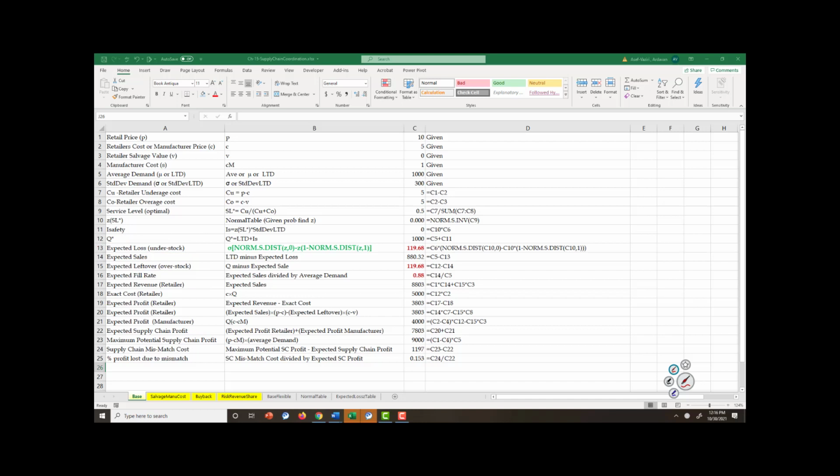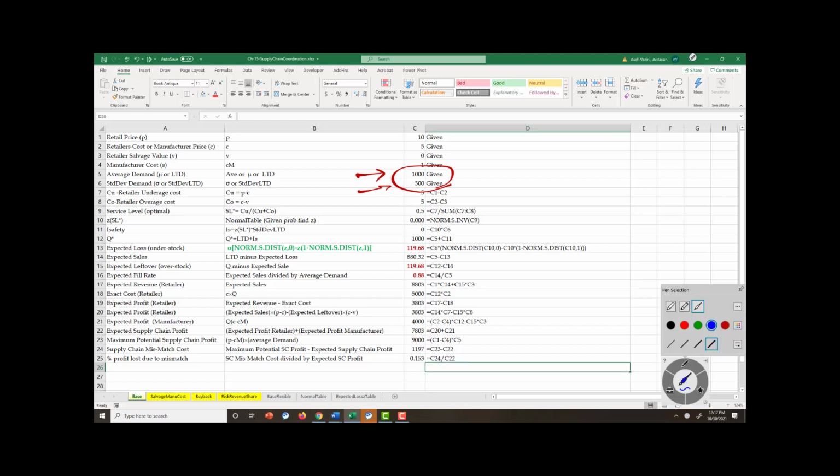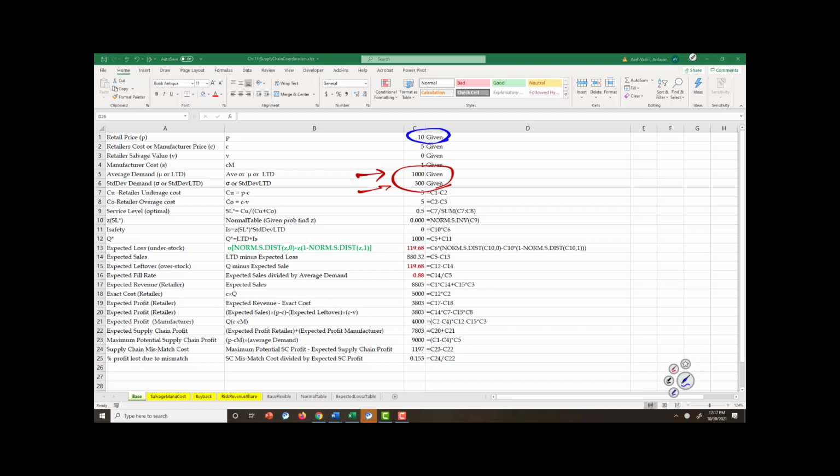We have a product and we have average and standard deviation of demand for a specific period. The retailer sales price is $10 per unit. Retailer cost to purchase this product from a manufacturer or a supplier is $5 per unit.